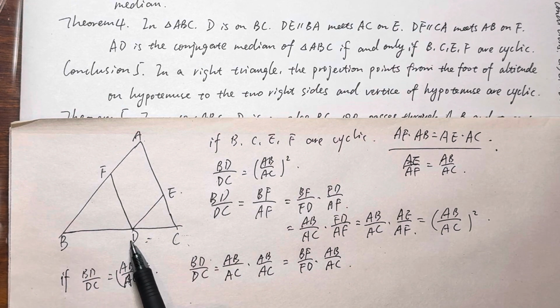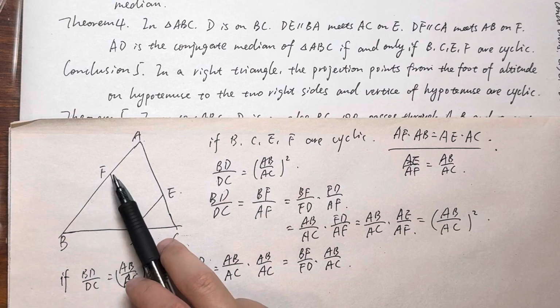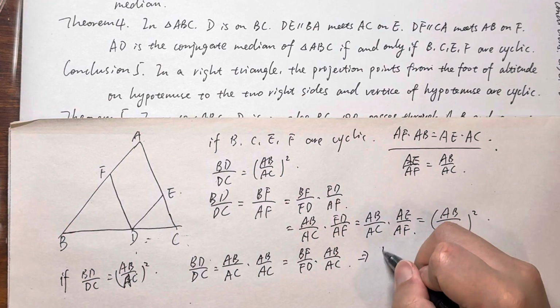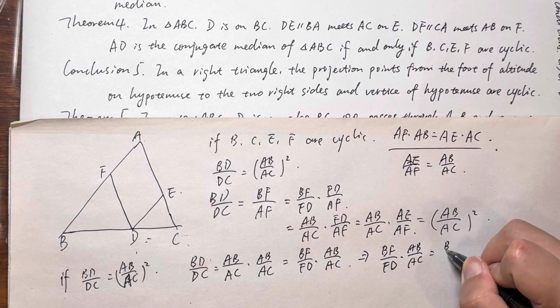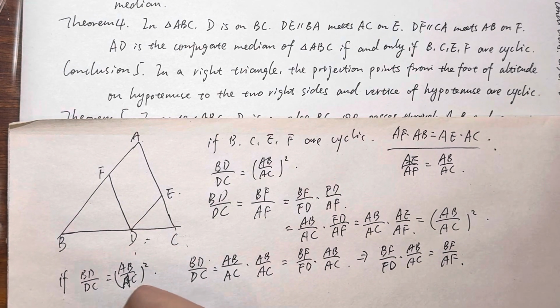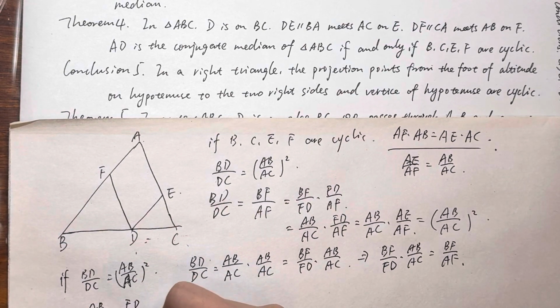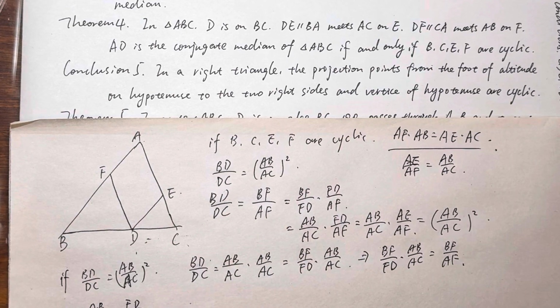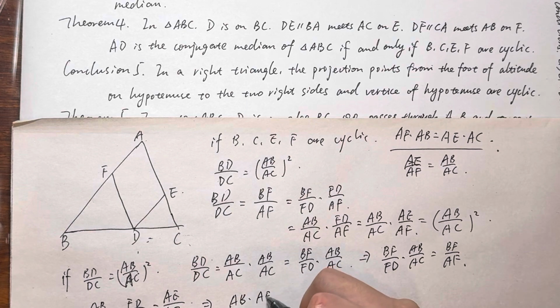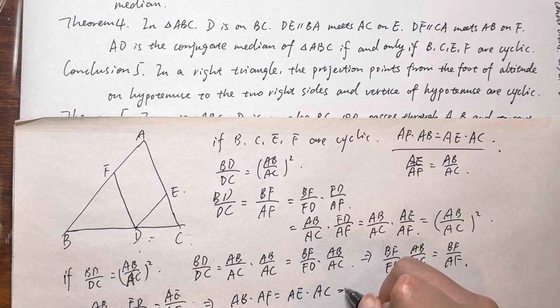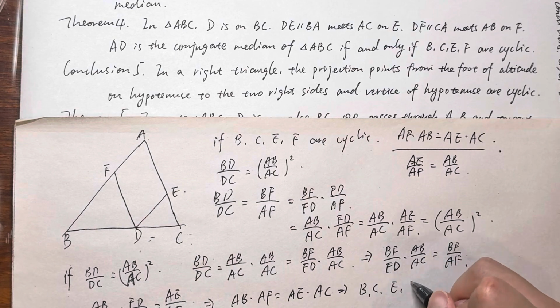And BD to DC also equals BF to AF, so which means BF to FD times AB to AC equals BF to AF, which means AB to AC equals FD to AF, right? FD to AF equals AE to AF, which means AB times AF equals AE times AC, which means BCEF are cyclic.